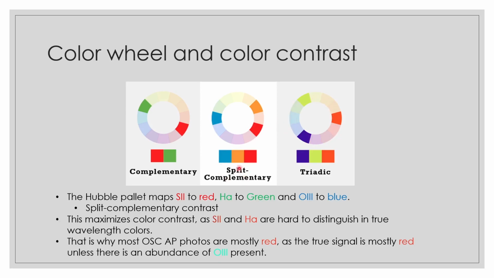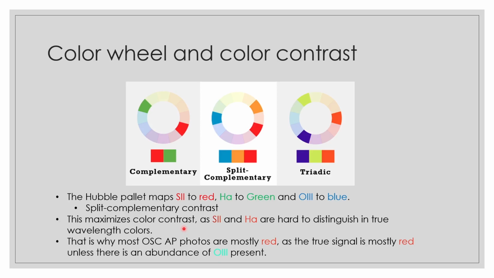Or you can do the split complementary, where 2 of the colors, they're still separated by another color, but they kind of maximize a contrast to this opposite color with respect to this opposite color. So the Hubble palette, it maps sulfur 2 to red, HA to green, and O3 to blue. And it actually turns out that this is a split complementary contrast. And so this all maximizes color contrast.